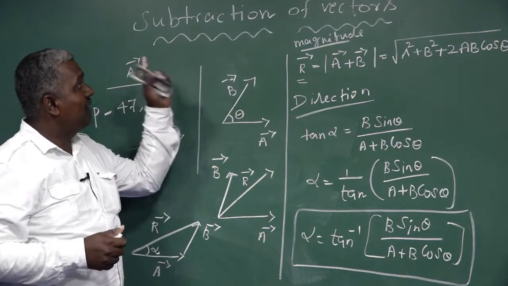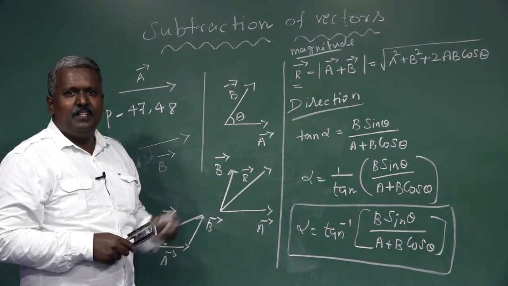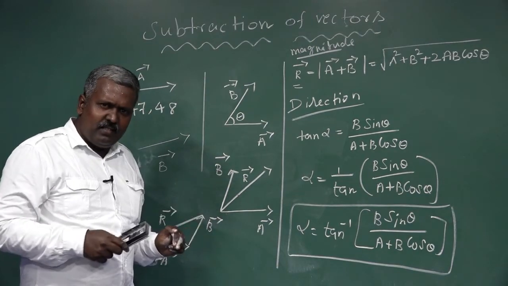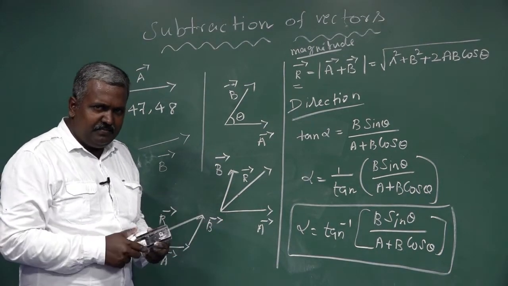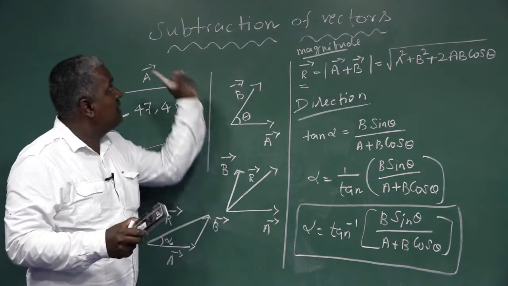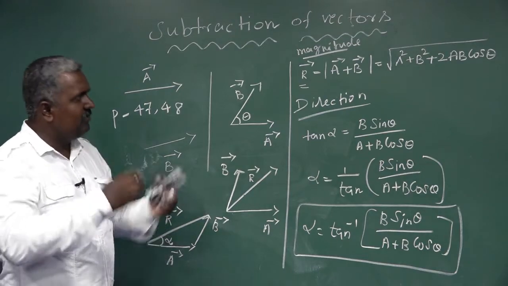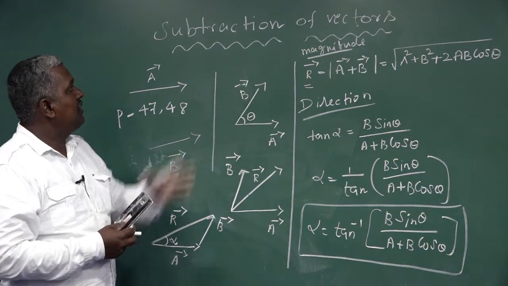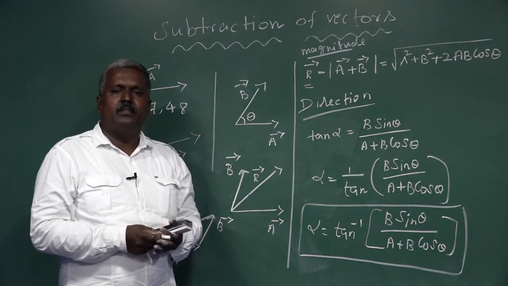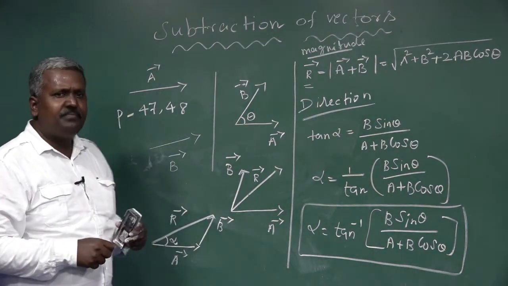Very good. That was addition of vectors, not subtraction. Clear? After finishing this, you can write all these formulas for subtraction of vectors. Very simple. Now we are going to discuss subtraction of vectors. Already told you about vectors.